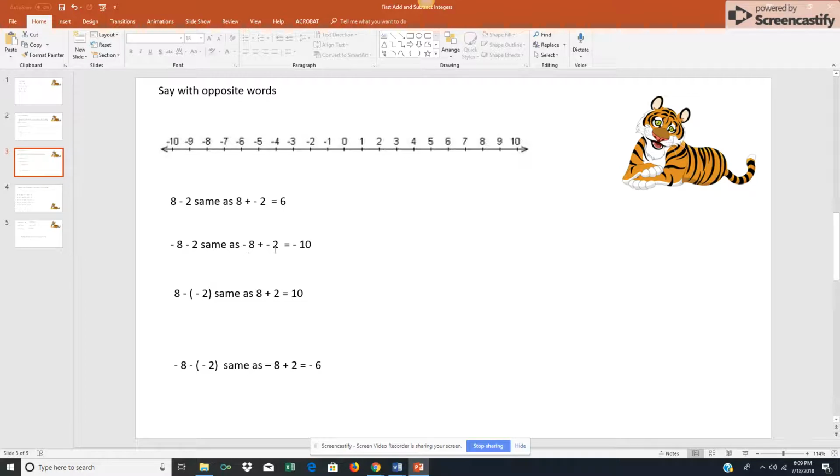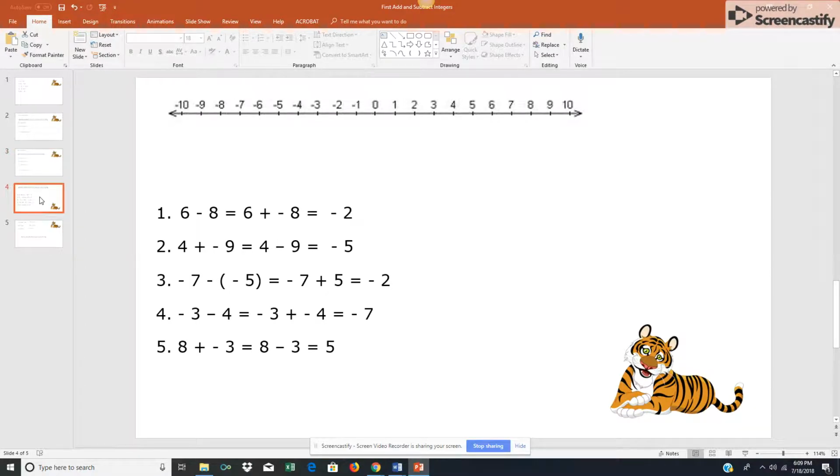The opposite of 8 and the opposite of 2, here's the opposite of 8, and the opposite of 2, which is to the left, would give me the negative 10. 8 and 2 would be over here to the right at 8, and 2 would give me 10. Then the opposite of 8 and 2 would be here to the left at the opposite of 8, negative 8, and 2 takes me 2 places to the right, which would give me a negative 6.